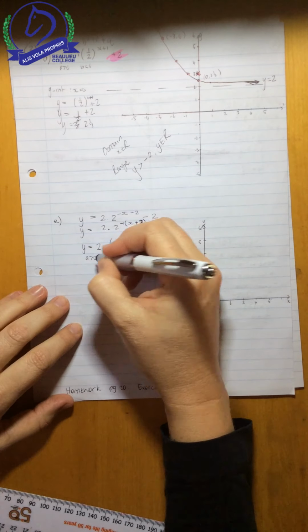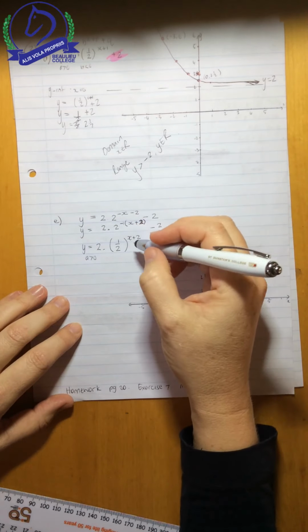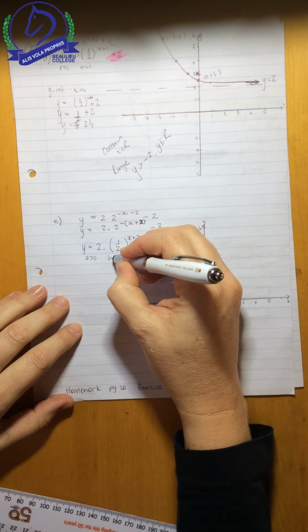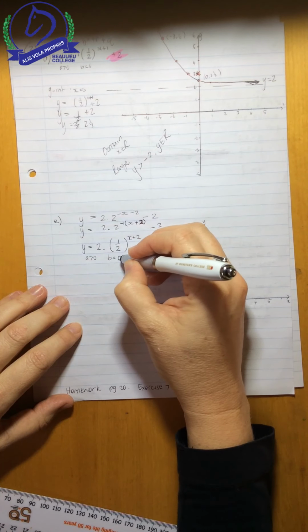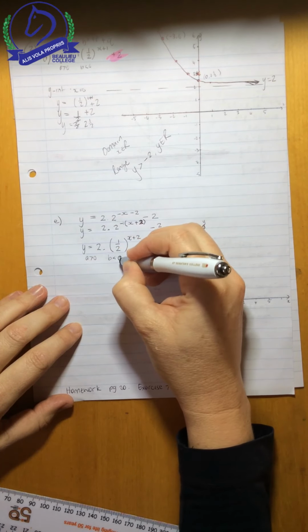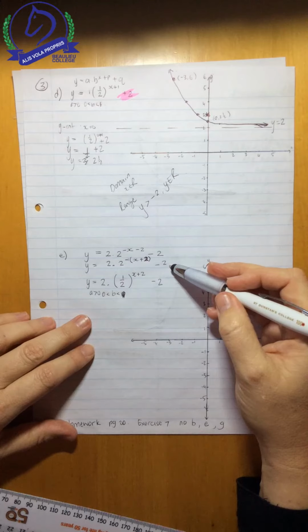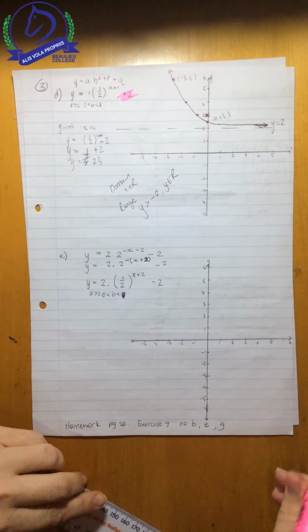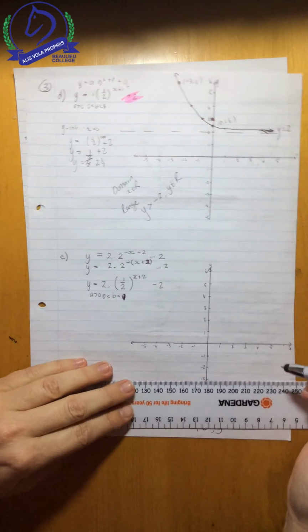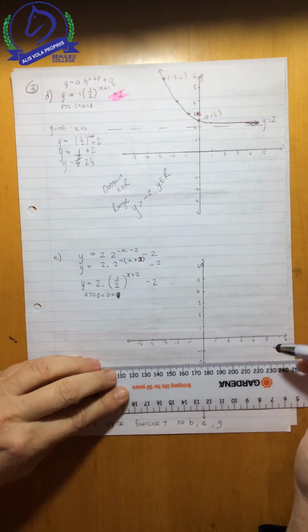So a is greater than 0. It's above the asymptote. B is less than 1, but greater than 0. There as well, less than 1, greater than 0. So it will happen on the left-hand side, and my asymptote is at minus 2.